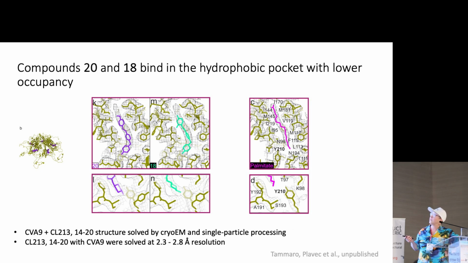So in 2018, these are binding still in the same pocket, but they have a low occupancy. And we can see that by the fact that we can see the 2 different conformations of this tyrosine, and you can see, again, you have this extended density up here, which is most likely due to some of the pockets being occupied by palmitate.